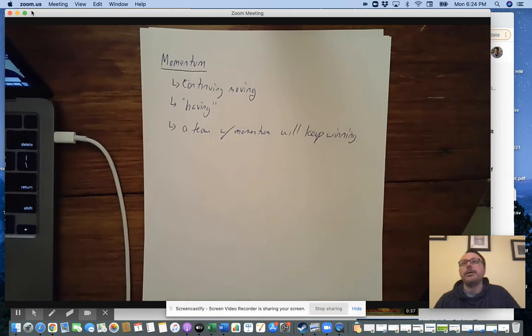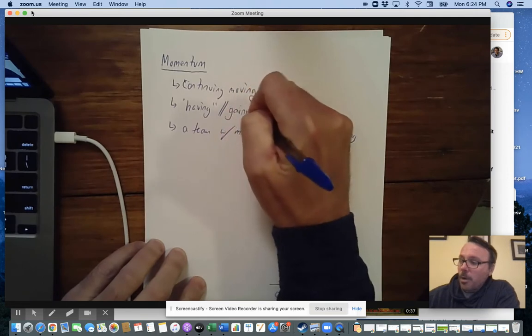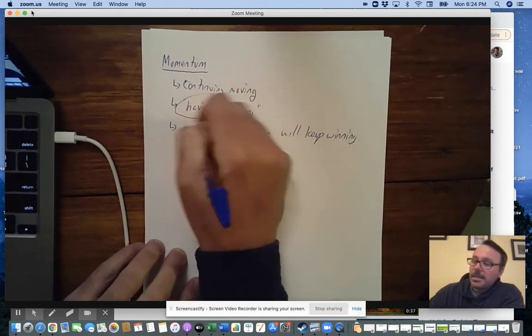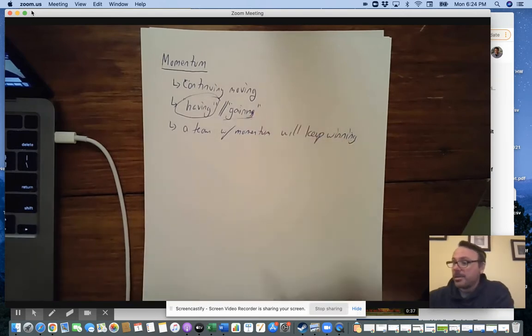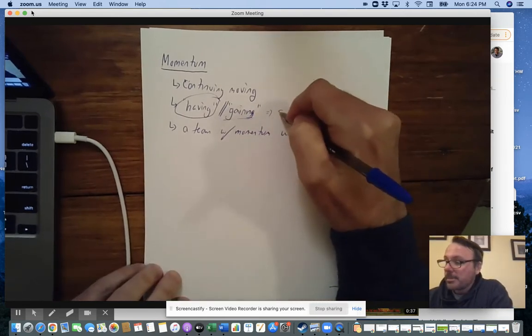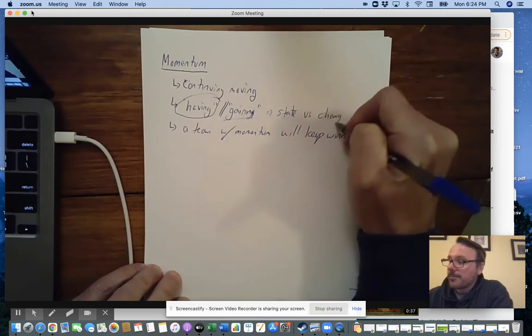Or you think about during a game, a side that gains momentum goes from losing to winning, or they're on a specific pathway that's different than what they were doing. And there's a distinction then between having momentum and something gaining momentum, right? One is a present state, and the other is a change in that state. So that's the difference there. It's about a state versus a change in state.